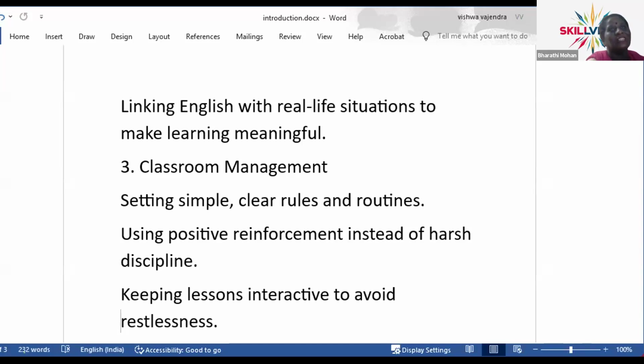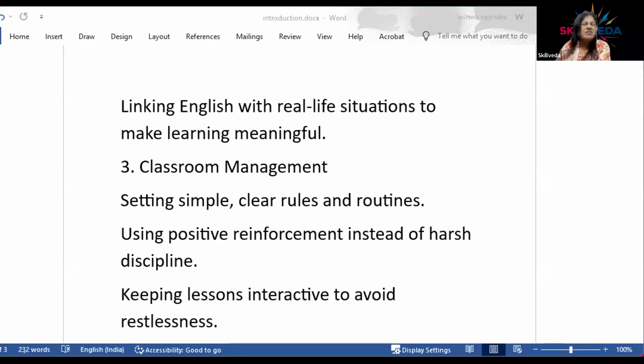How many minutes can a child concentrate? I think 6 to 7 minutes is the duration as per the research. That is for pre-KG children. It is actually 12 minutes for a Class 5 child.